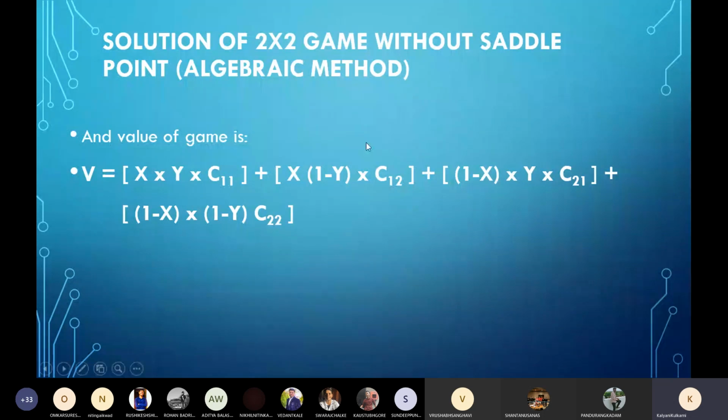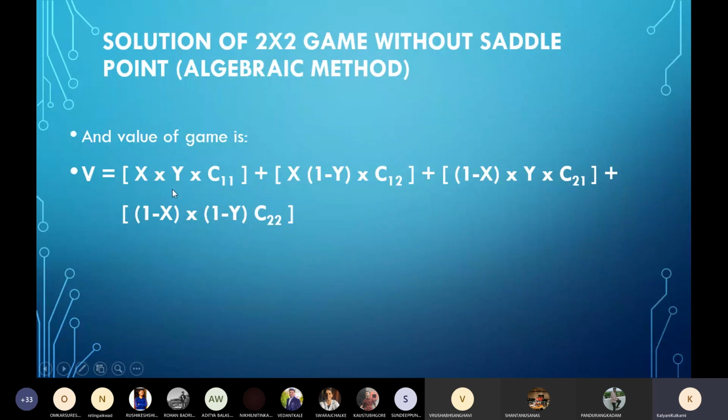This is a simple equation. The first bracket is xy into the first cell c11. Then keep x as it is, into 1 minus y, into the second element c12. Then in the third bracket, keep y as it is, 1 minus x into the third element c21, plus the last bracket 1 minus x, 1 minus y into the fourth element c22.